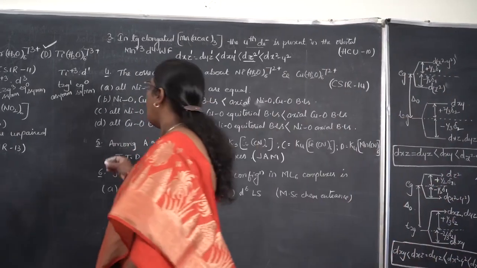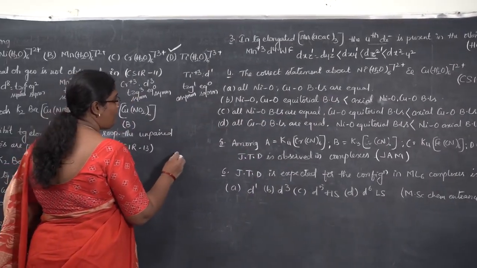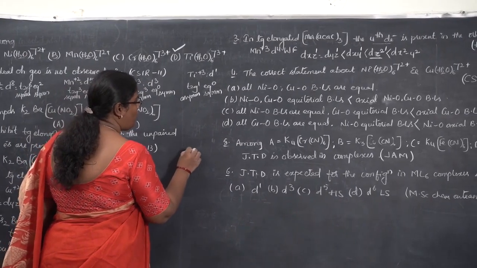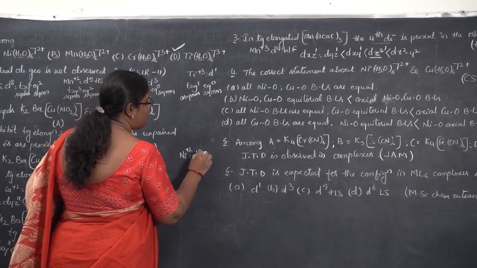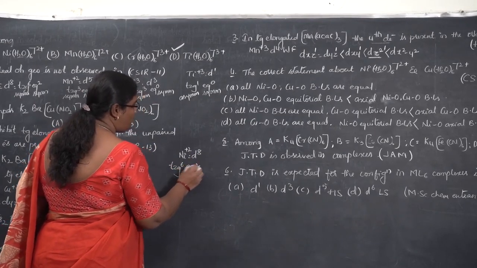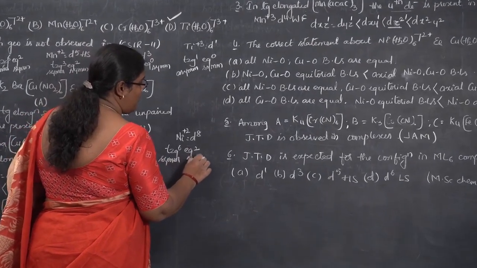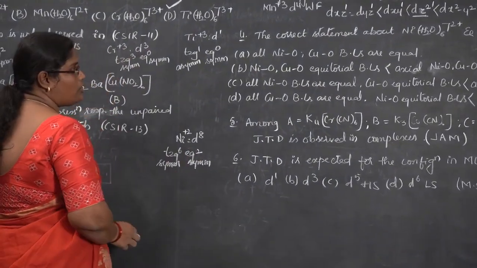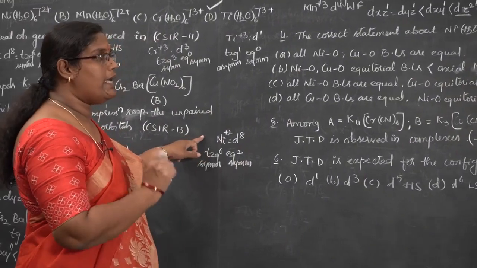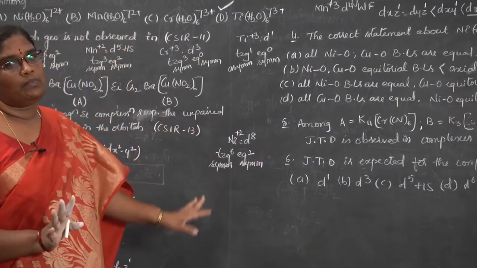So first of all, if I take the nickel complex Ni plus 2, it is D8 system, T2G6 Eg2. So both are symmetric. So no distortion in nickel complex indicates that all the metal ligand bond lengths must be similar.